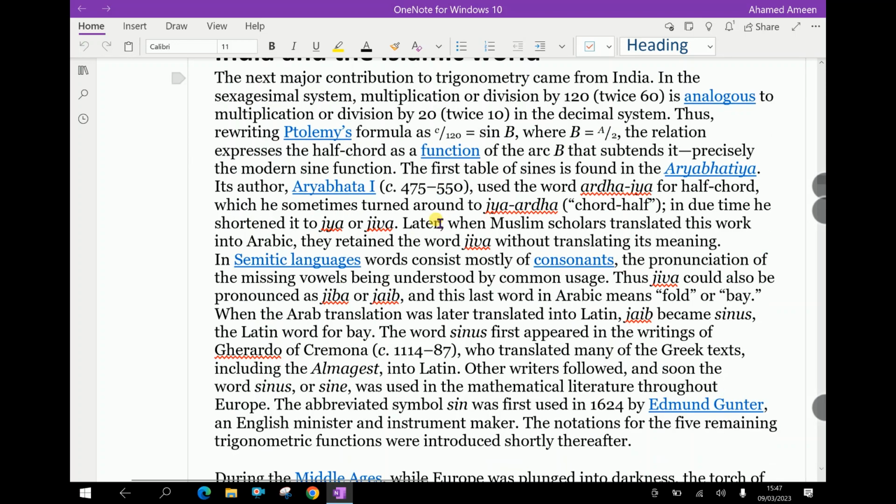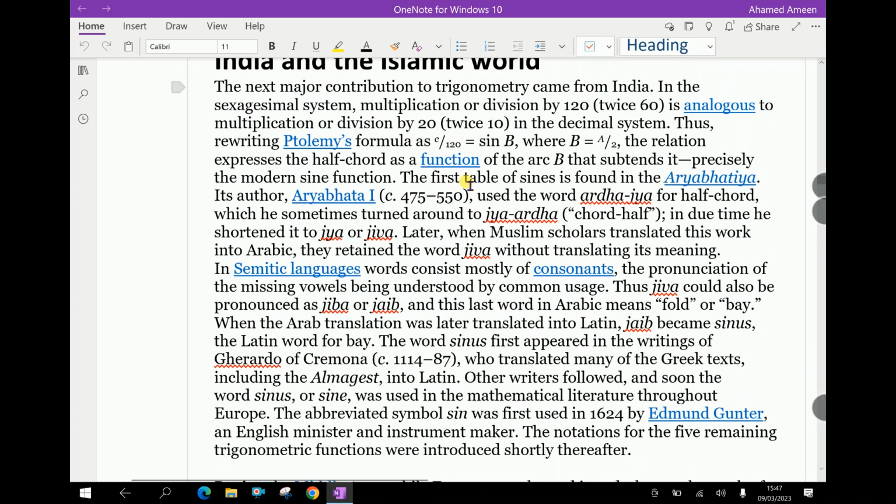That means from these basic ratios, basic functions, we can derive the ratios. Suppose sin 30 is 1 by 2, cos 30 is root 3 by 2, sin 45 is 1 by root 2, sin 90 is 1. Like this, we can derive the ratios of the basic trigonometric functions.